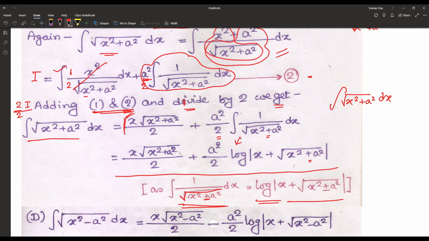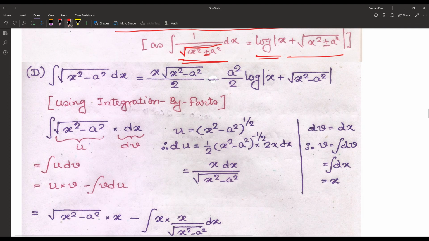The next formula is the integration of square root of x square minus a square dx. That is nearly the same: x into square root of x square minus a square by 2 minus a square by 2 log of mod of x plus square root of x square minus a square. In the same way, first of all, we consider square root of x square minus a square as u and dx as v.